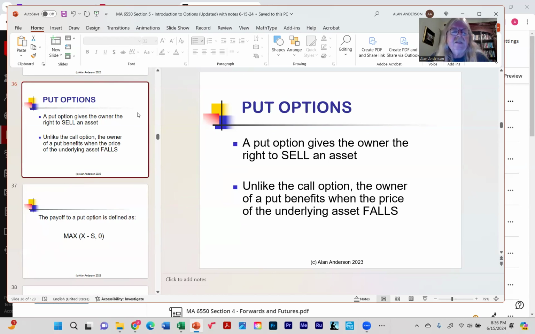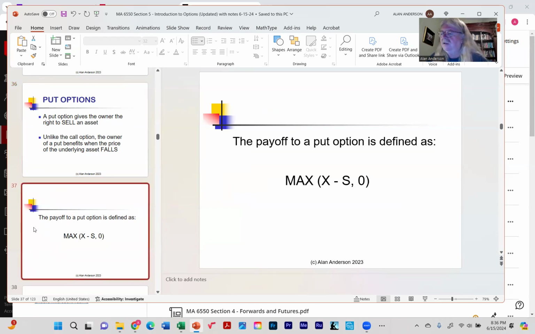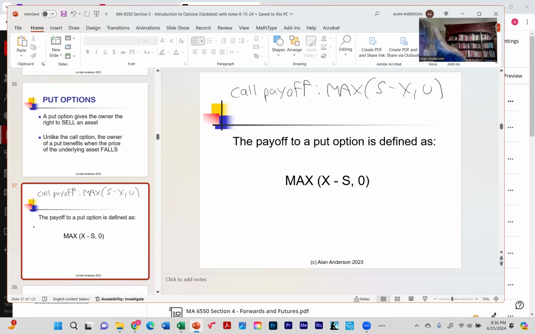So the payoff is going to be the opposite of what we just had before. I just remind you the call payoff looks like this. So this one is reversed.